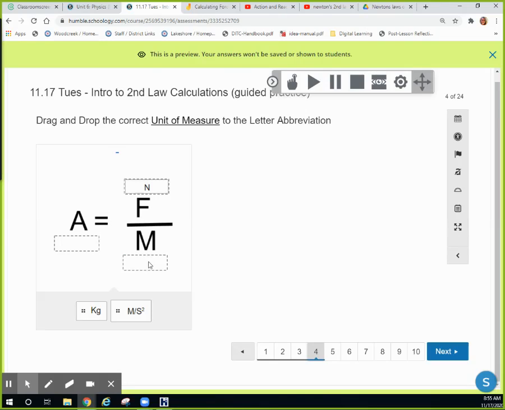Mass is measured in grams or kilograms. You'll most frequently see kilograms. And acceleration: when you see meters per second squared, with that little bitty 2 by the meters per second, that is acceleration. Meters per second alone is speed. This little 2 tells you this is acceleration. And that's really important.